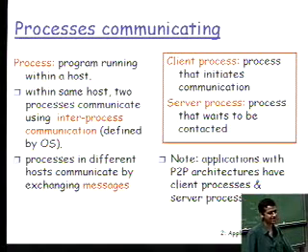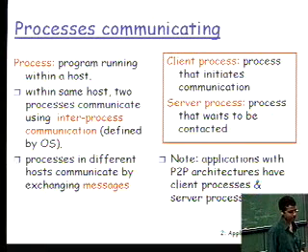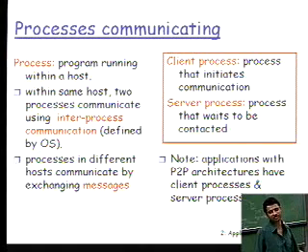The client process will always initiate communication. The server process will reply to an initiation, or it waits to be contacted. So that will come into play in the way we design applications, in the way we write code. A client process needs to do certain specific tasks. A server process has a complementary set of tasks. And the way the sockets are created and the particular functions that are used will explain that process.